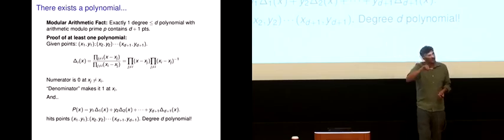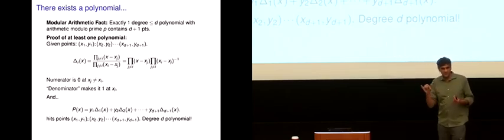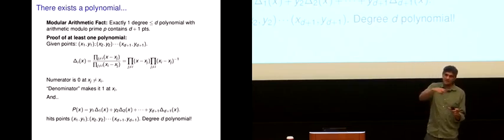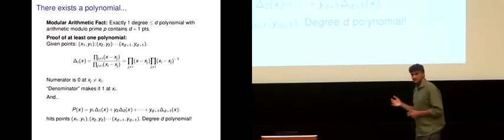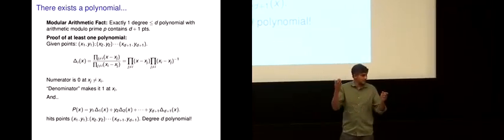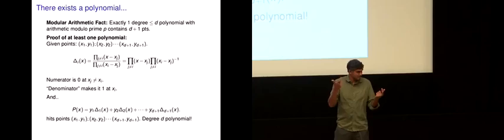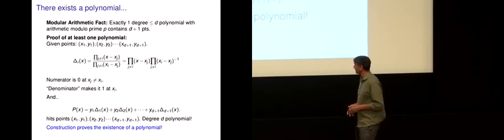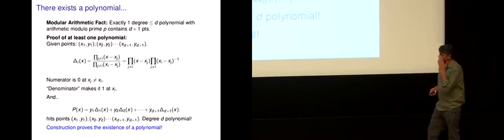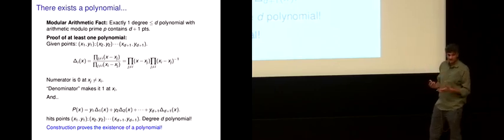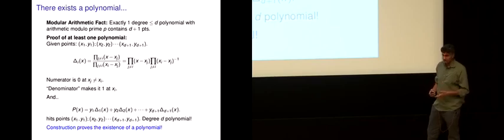If you add together two quadratic polynomials, you just add the coefficients of the quadratic, right? Still quadratic. Okay? So when you add degree d polynomials, you still get a degree d polynomial. Maybe a degree at most d. You could take the difference of the same polynomial and get a smaller degree. Okay, so the construction proves the existence of a polynomial. So this is proving this fact that I was crowing about at the very beginning of the lecture, after I restarted. Okay?